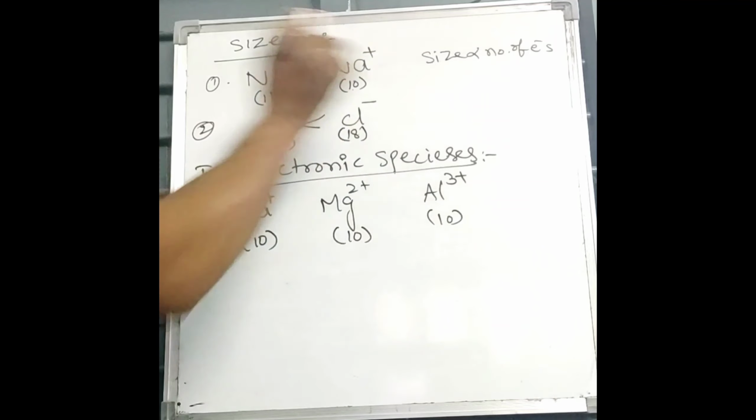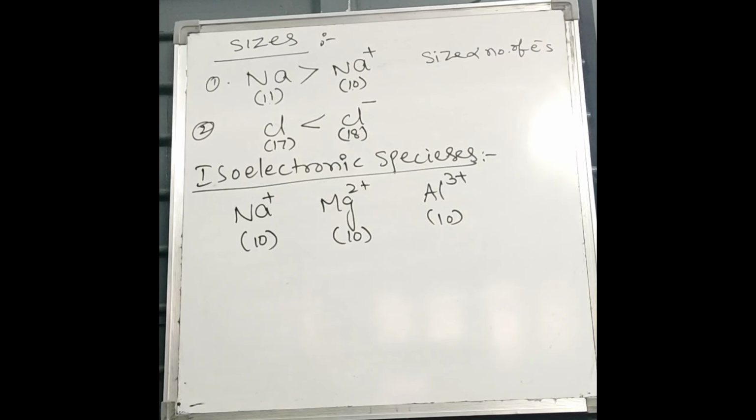According to the relation, size is directly proportional to the number of electrons. The same number of electrons gives the same size. We may expect it in this way. But if you assume that, it is the wrong assumption. For cations and anions, particularly for isoelectronic species, there is a concept.